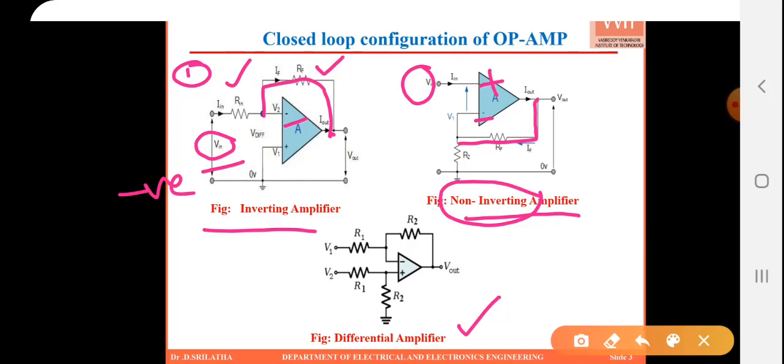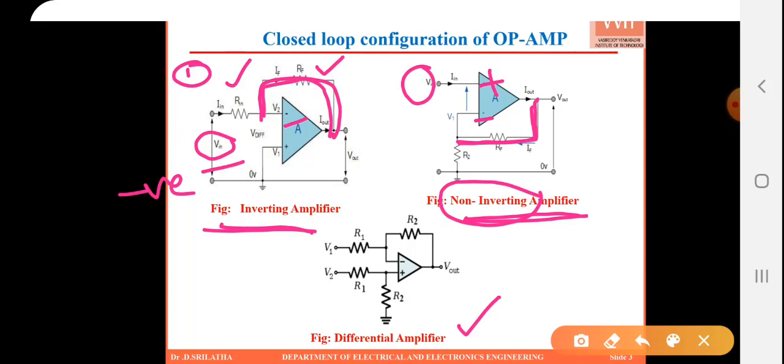Whether it is an inverting amplifier or non-inverting amplifier, the feedback is always connected to the negative terminal, the inverting terminal, in both cases.